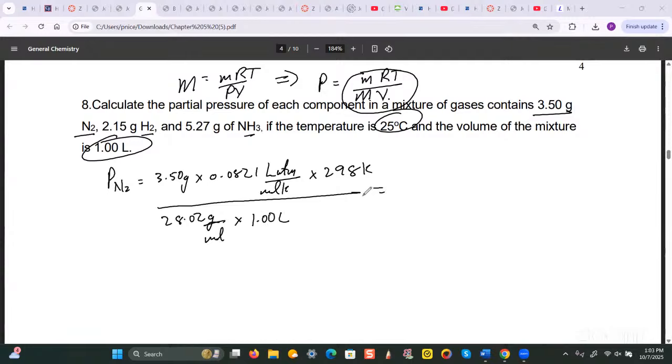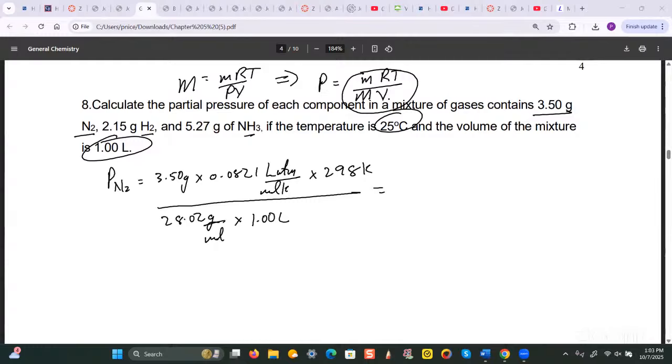So 3.5 times 0.0821 times 298, and then divide that by 28.02 times 1.